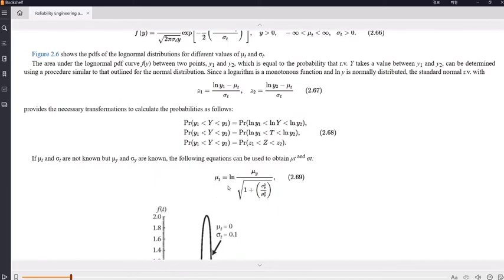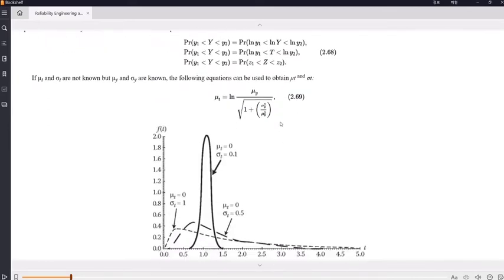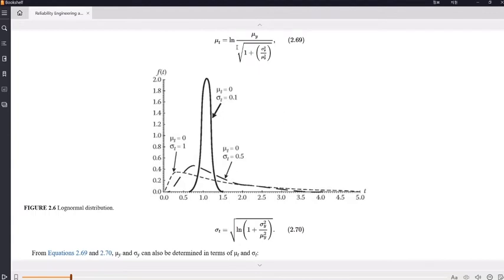And mu t and sigma t, in other words, can be given with these equations. So mu t can be calculated by providing the mean value and standard deviation of y, and also sigma t, standard deviation of t, can be calculated by providing the mean value and standard deviation of y.